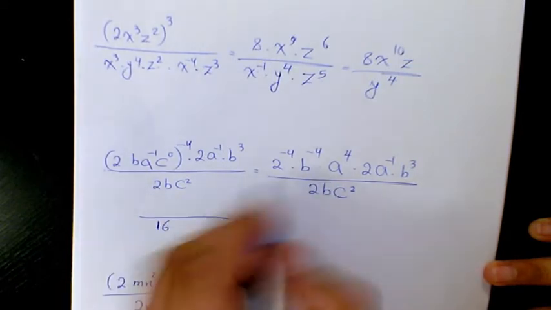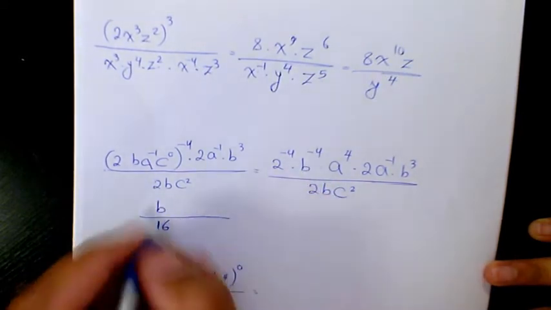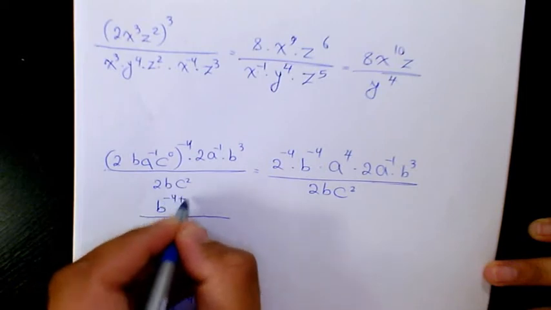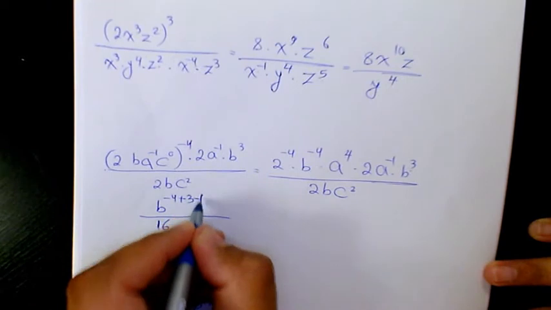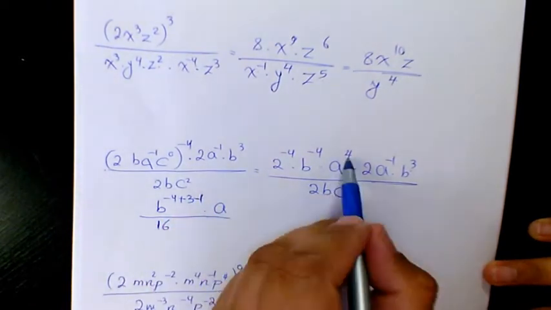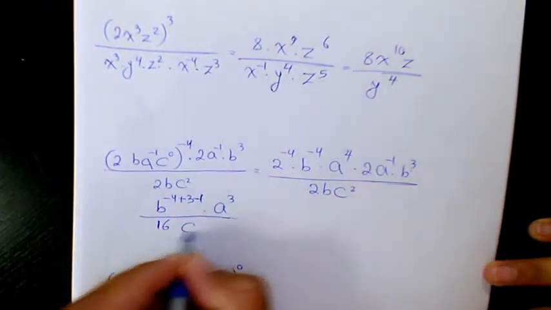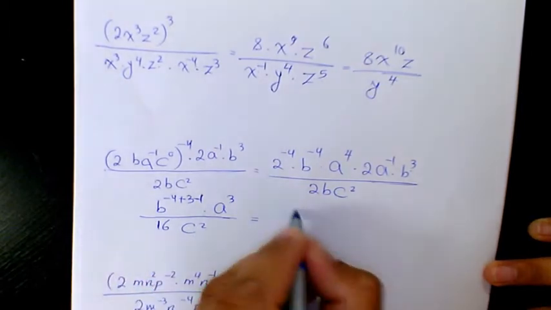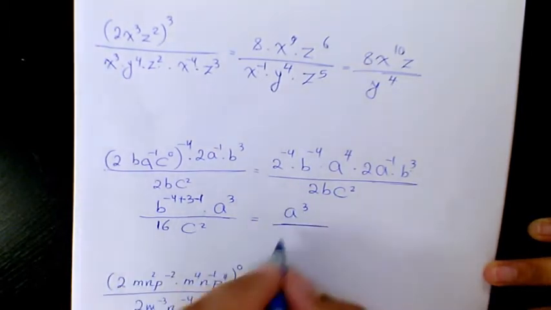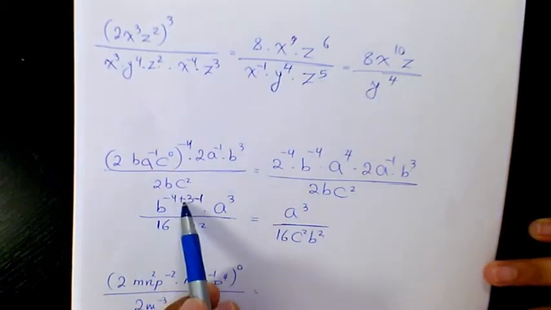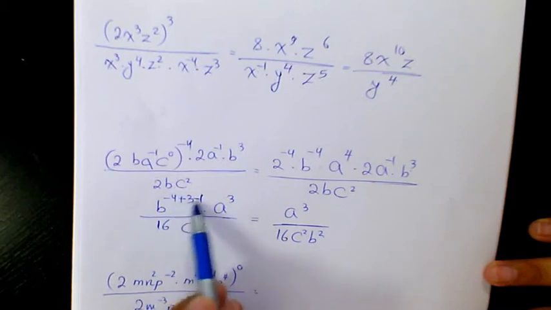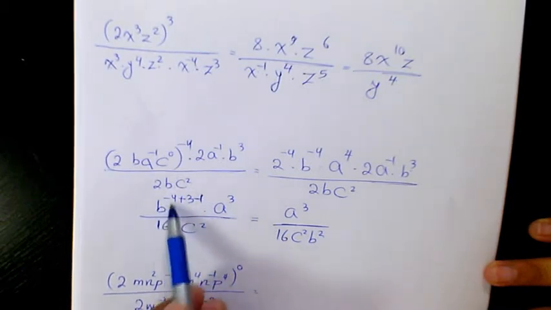And then we have b to the power of negative 4 plus 3 minus 1, a to the power of 4 minus 1, 3 c squared. So I'm going to have a cubed over 16 c squared b squared, because here negative 4 and 3 is going to be negative 1. Negative 1 and negative 1 is going to be negative 2, so b to the power of negative 2. If you want to make it positive, you need to bring it in the denominator.